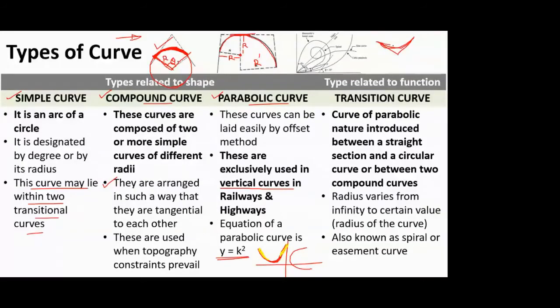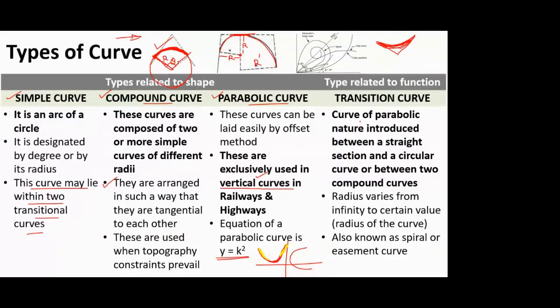To flatten that change, the curve that is provided is a parabola, because if you see the ends of a parabola, they are much more flat than the curve that you get from a simple curve or a compound curve. So we want a flat transition or a smooth transition. For that smooth transition, this flatness of the curve is important. That's why parabolic curves are generally used where you have a vertical curve.